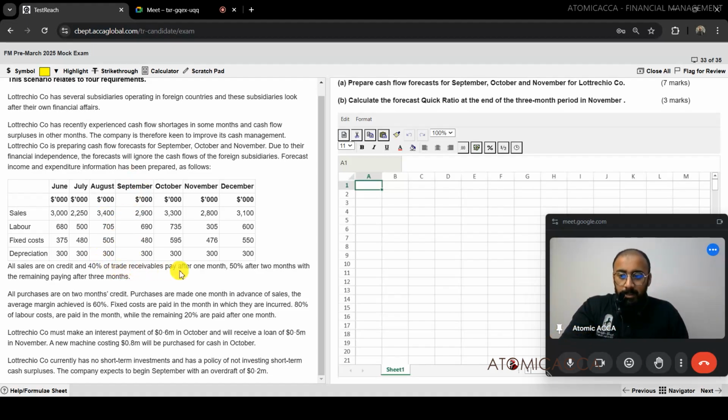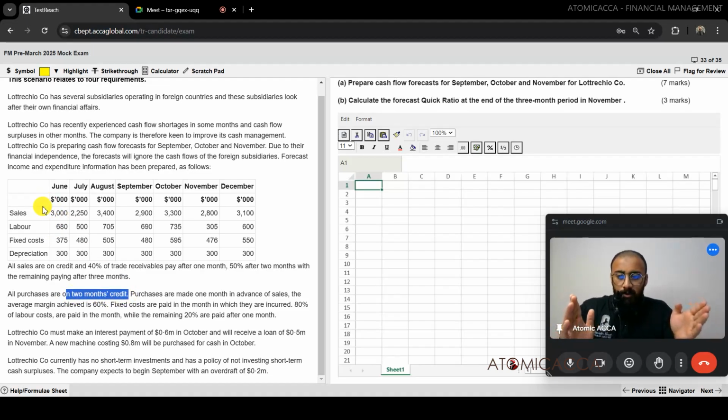All purchases are on 2 months credit, which is different from labor and fixed cost. Purchases are made 1 month in advance of sale. So if July sale is over here, the purchase is made 1 month in advance, that will be in June, and it is on 2 month credit, which means the cash flow will happen in August.